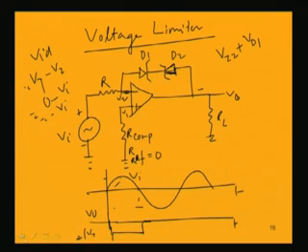Then what will happen in the negative half cycle? In the negative half cycle, V1 minus V2 means 0 minus Vi, as Vi is negative, we get a positive voltage. So, we are getting at this point a positive. So, now D1 will be conducting as a Zener diode, Zener breakdown will take place. We are assuming, of course, this Zener voltage is less than this V naught saturation, V sat 14 volt.